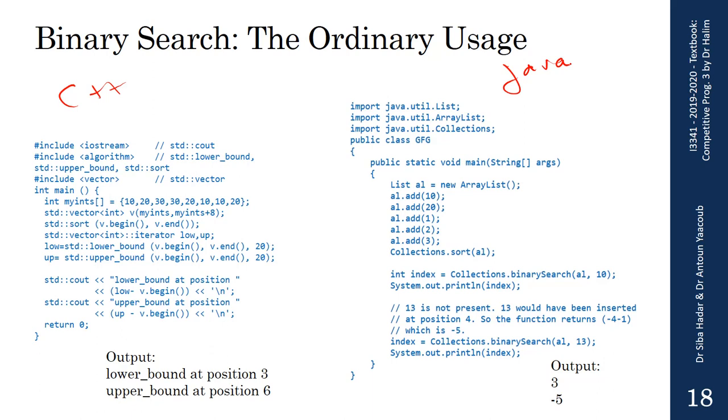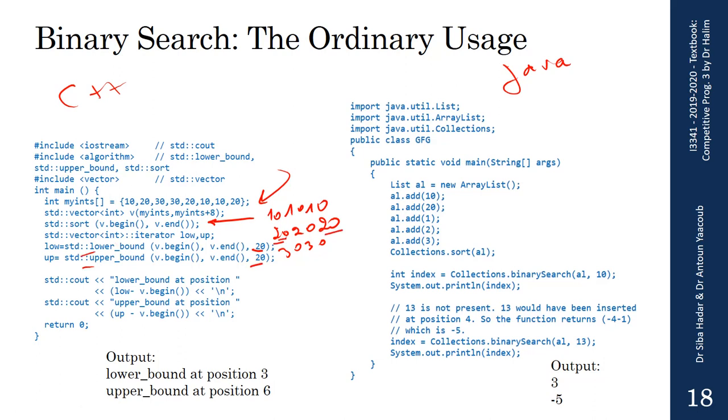So we have an array with multiple elements. We created a vector and sorted these elements. As you can see, after sorting we will have three 10s, then three 20s, and two 30s. Then we are looking for 20, which is repeated three times.